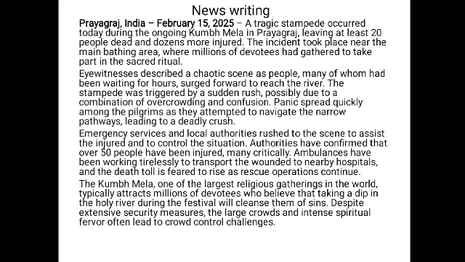Eyewitnesses described a chaotic scene as people, many of whom had been waiting for hours, surged forward to reach the river. The stampede was triggered by a sudden rush, possibly due to a combination of overcrowding and confusion. Panic spread quickly among the pilgrims as they attempted to navigate the narrow pathways, leading to a deadly crush.